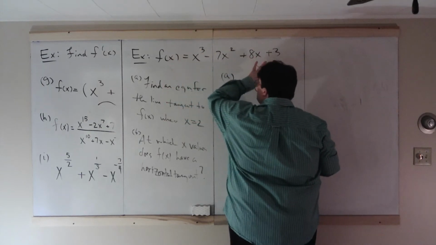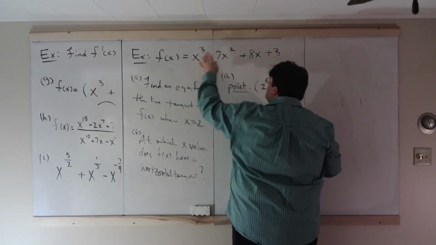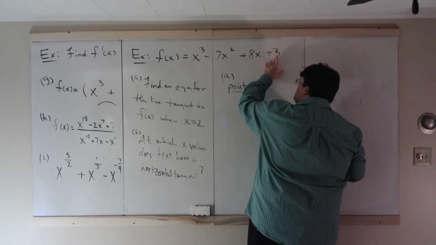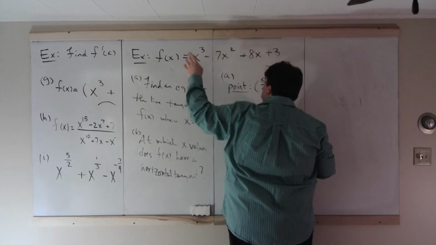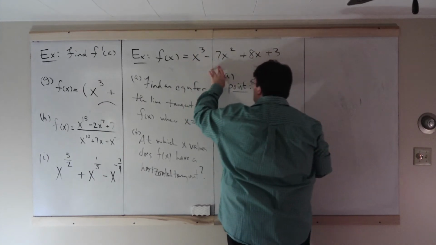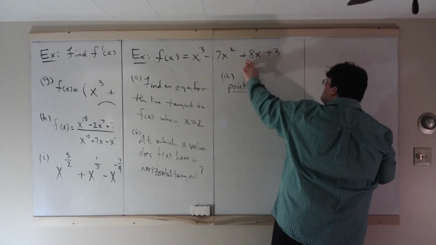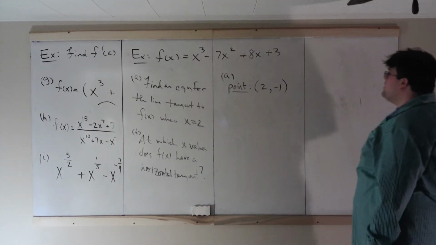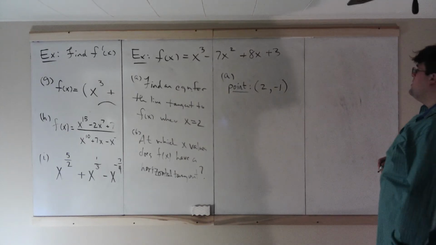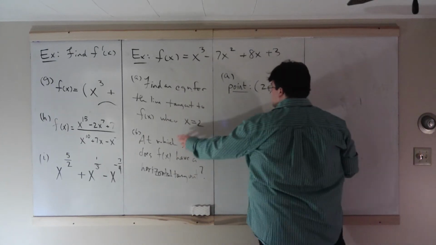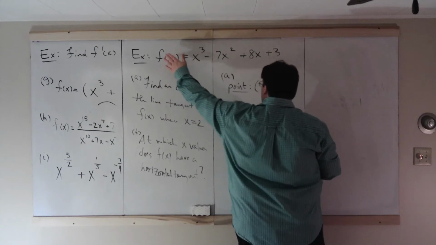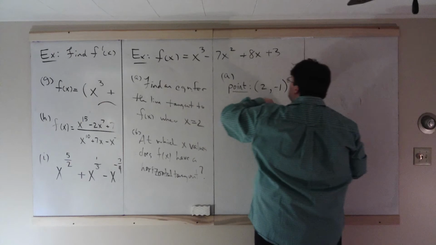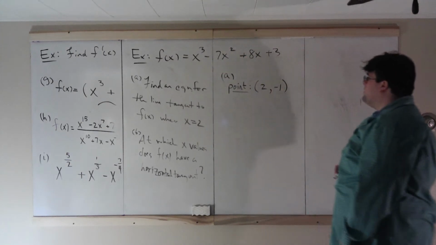Well, f of 2 is 8 minus 28 plus 16 plus 3. 8 minus 28 makes negative 20, plus 16 makes negative 4, plus 3 makes negative 1. So point is x equals 2, y equals f of 2, and f of 2 is negative 1.